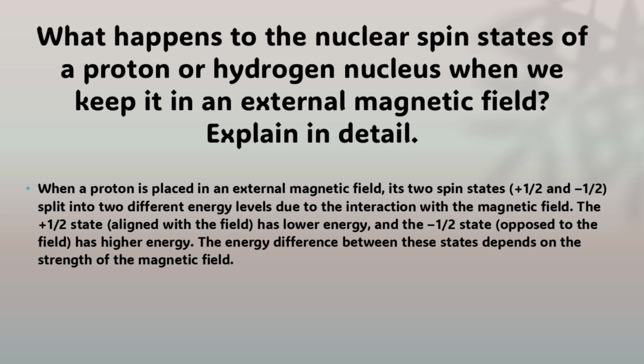The +1/2 state, aligned with the external magnetic field, has lower energy, and the -1/2 state, opposed to the external magnetic field, has higher energy. The energy difference between these states depends on the strength of the magnetic field.